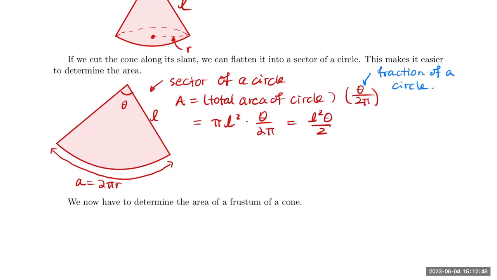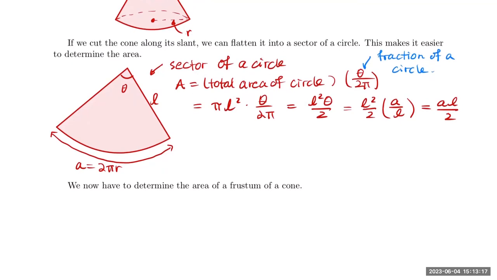And because theta here is just going to be A divided by L, we have L squared divided by 2 times A divided by L. So then we'll just get A times L divided by 2. And since the A here is just going to be 2 pi r, multiplied by L divided by 2, the 2's will then cancel out. And so we would just get pi r times L.